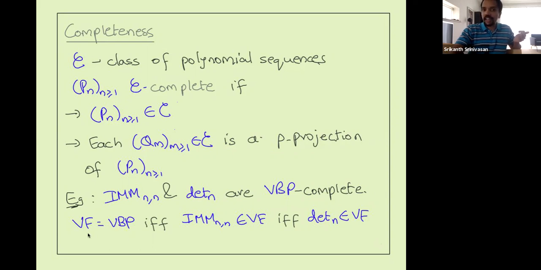It's not known whether they're equal to each other or not, but because these two polynomials are VBP complete, they are equal if and only if the iterated matrix multiplication polynomial is in VF or the determinant polynomial is in VF, that is, if and only if IMM has small formulas or the determinant has small formulas. These are in some sense the hardest polynomials in this complexity class, so to show that the entire class is equal to VF, you just have to show that one of these two polynomials has small formulas.